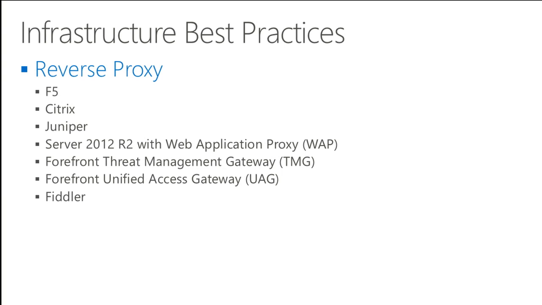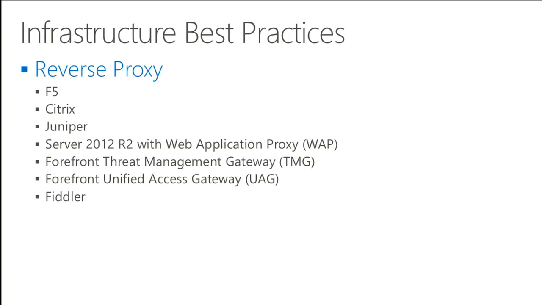There's a really good article by Steve Peschka, published in December of 2013, that walks through how to do that, and that's the recommended approach. The second approach, if you're going to go with the Microsoft stack, is to use TMG.